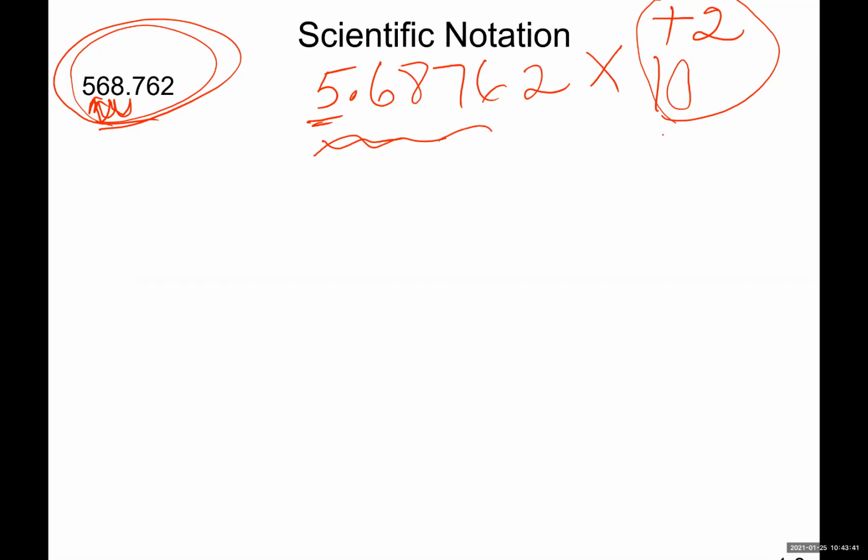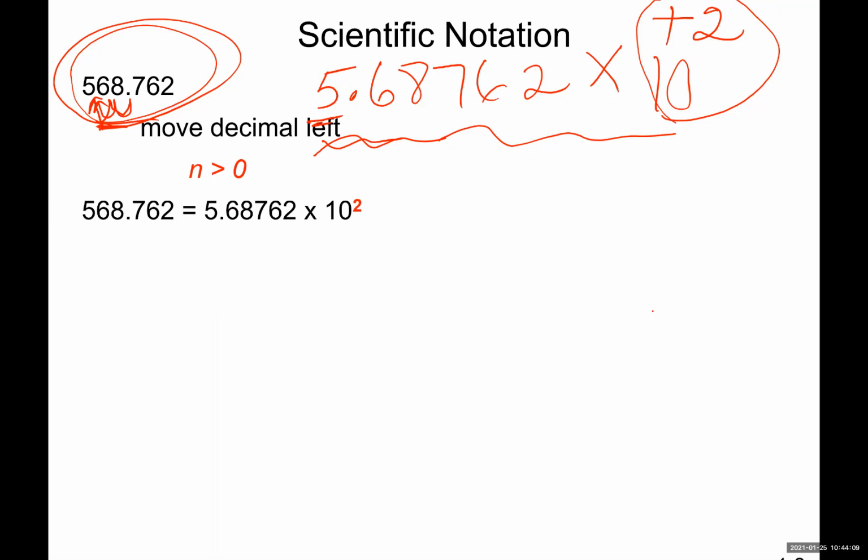So this is the scientific notation of the standard number 568.762. So if you move the decimal point to the left, then the power of 10 is larger than 0. That means it's positive. And that's the answer.